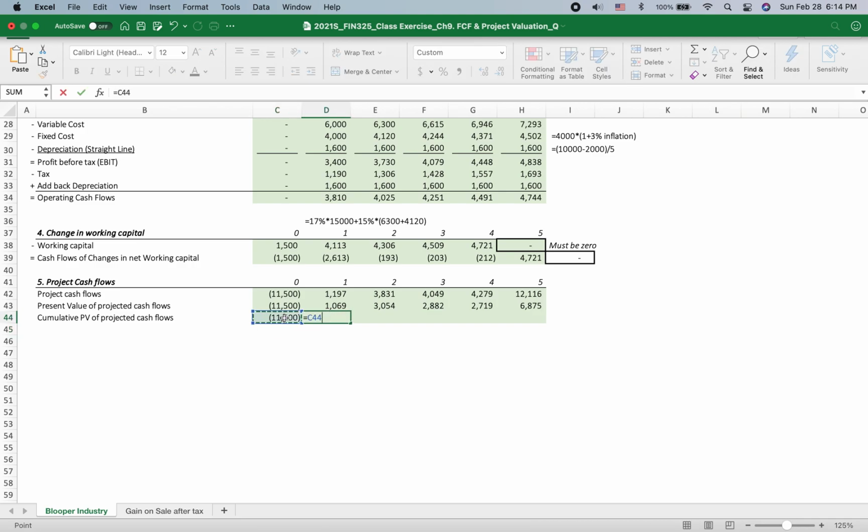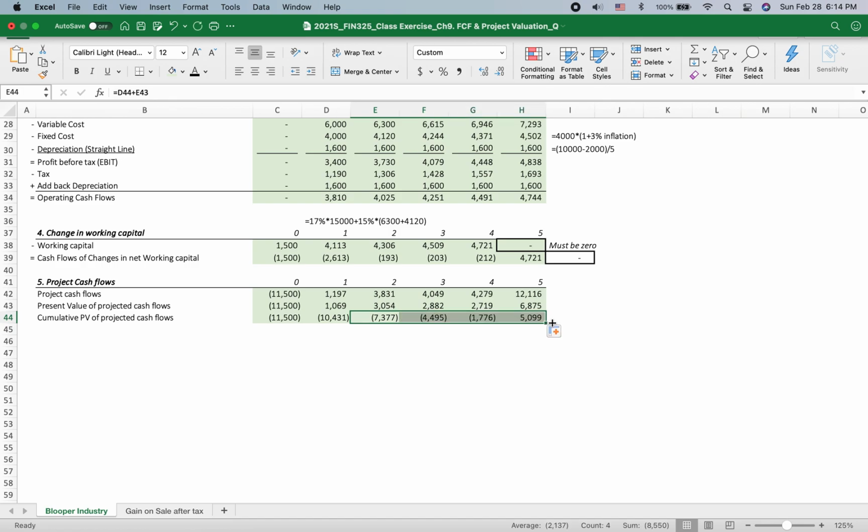So this 11,500 will be covered by the first year's cash flow, and then the remaining initial outlay is 10,431. The second year works the same way, right? And then let's just drag to the right. So we can recognize that it takes at least 4 years before it turns positive. That means between year 4 and 5, we recover this 11,500.